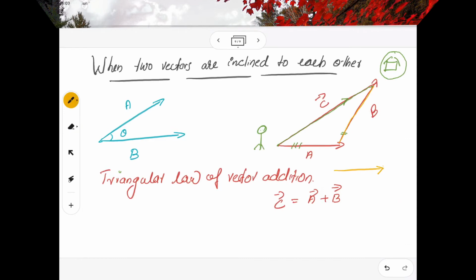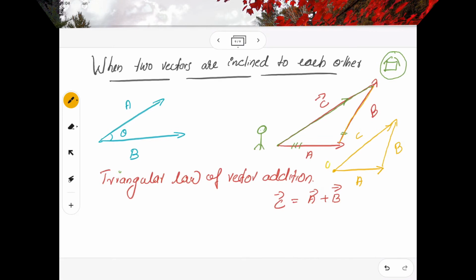That means if this is the head of vector A, then the tail of vector B must be joined with it, and this will be the sum, and the tail of vector C must be joined with the tail of vector A. You can see that these two vectors start from the same origin.